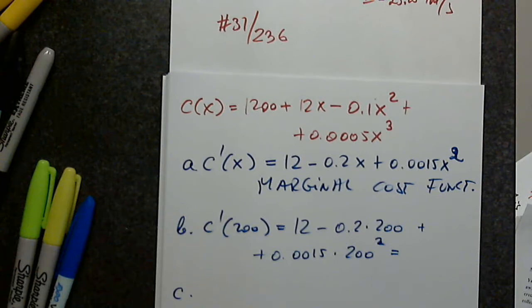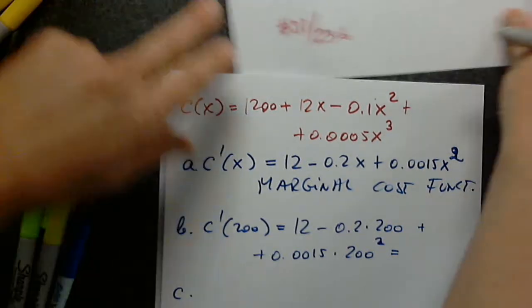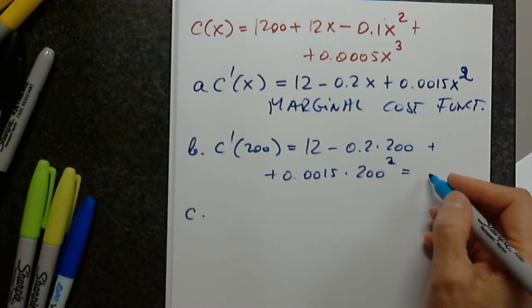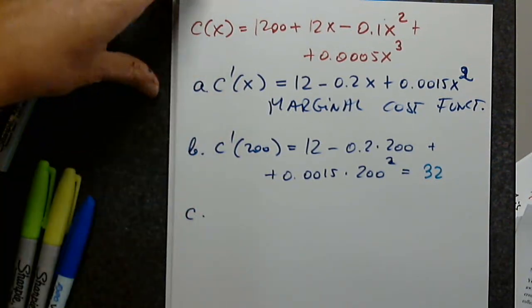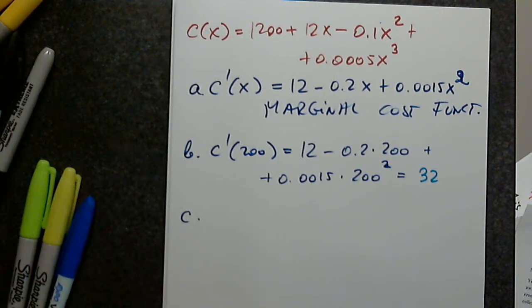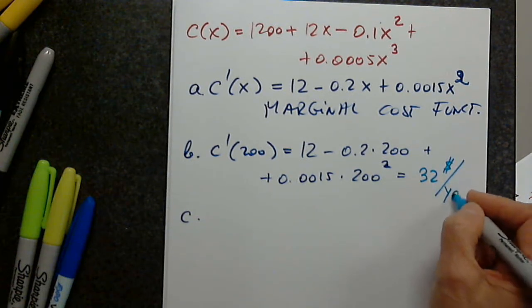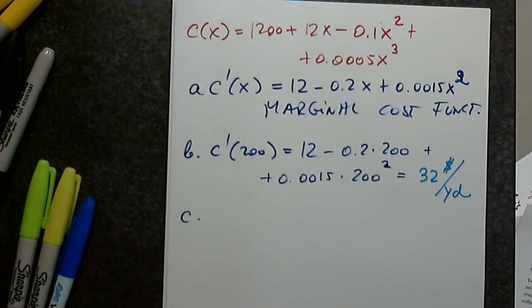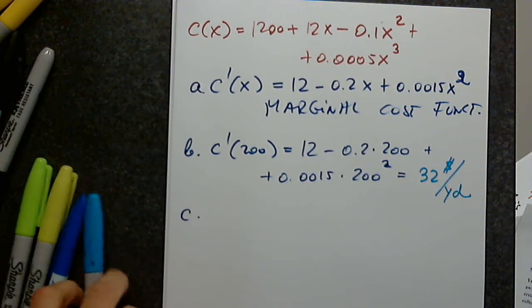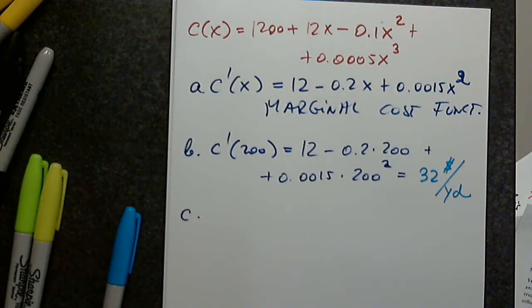Awesome. So what is the number? How much? 32. Measurement unit. This is the rate of change. So it's dollars per yard. Very good. Part C. No, we didn't finish.